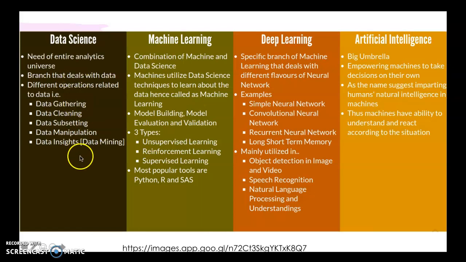That's why we talk about data science here. Data science is the study of data and the manipulation and analysis of the data, including gathering, cleaning, subsetting, manipulation, and data mining. And machine learning is actually a combination of machine and data science, basically using algorithms to study a data set to learn what the pattern of the data set is.